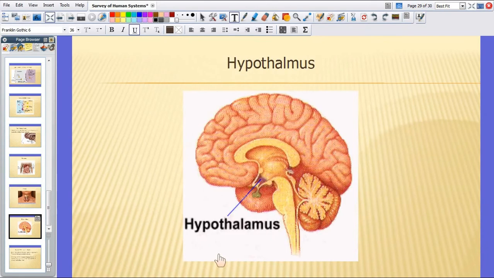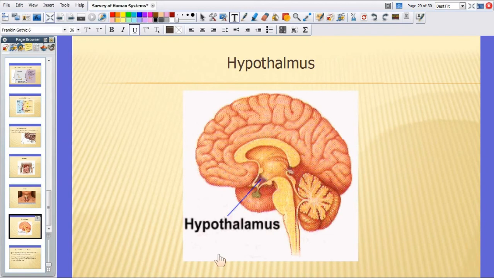The last gland I'm going to cover is the hypothalamus. The hypothalamus is located just above the brainstem and the pituitary gland. One of its major functions is to maintain homeostasis. It responds to signals from the internal and external environment like body temperature, hunger, blood pressure, and overall hormone circulation in the blood.